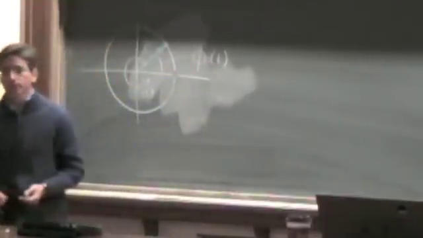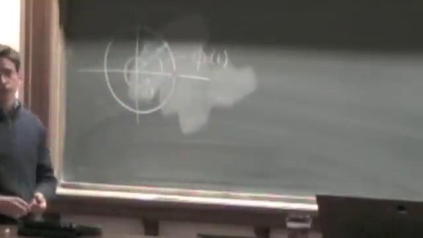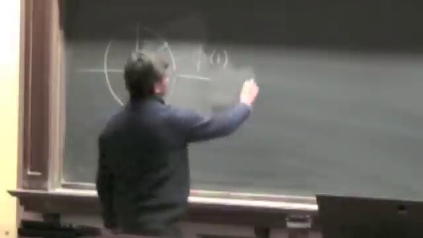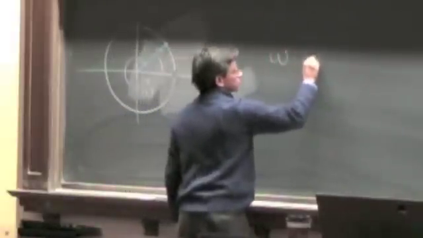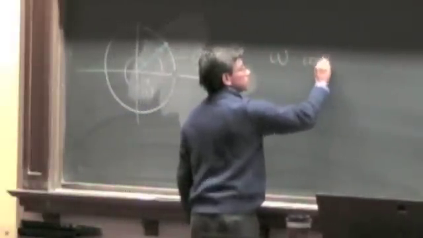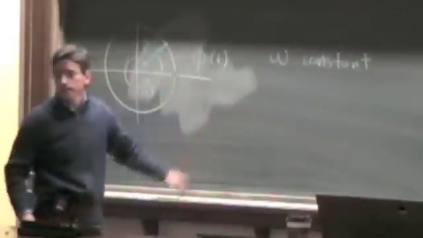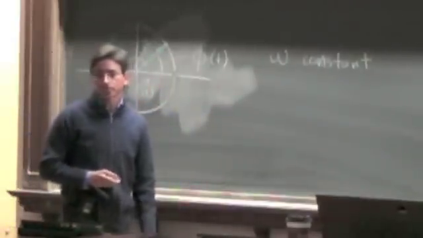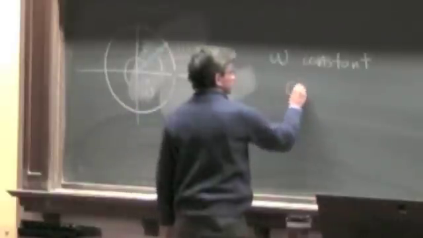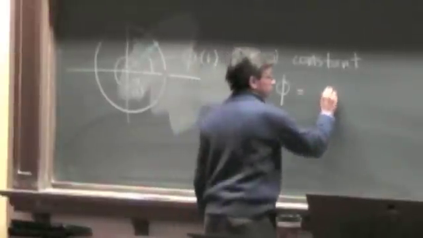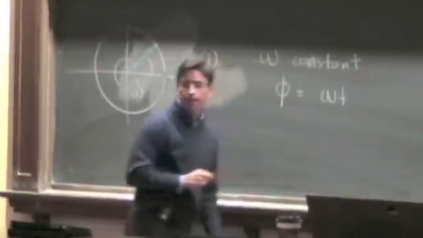What is the exact function that describes phi as a function of time? Omega is constant. So that means that phi is what? Phi is equal to omega t. Is that it?